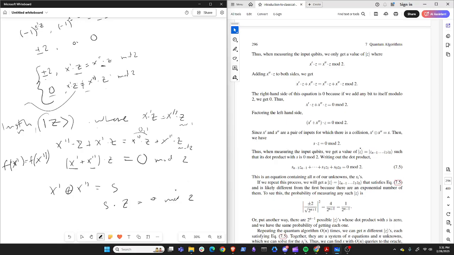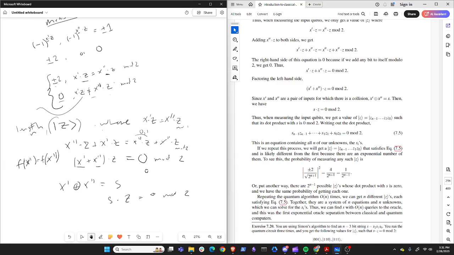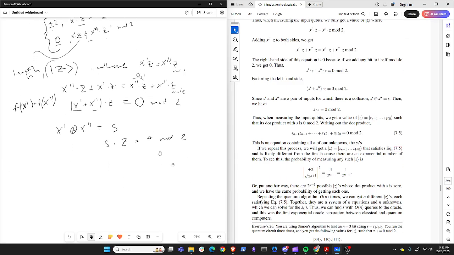Therefore, when we measure, we get z such that the dot product with s is equal to 0 mod 2, which is equivalent to s of n minus 1 times z of n minus 1 plus s of n minus 2 times z of n minus 2, dot, dot, dot, all the way down to s of 0 times z of 0 equals 0 mod 2.